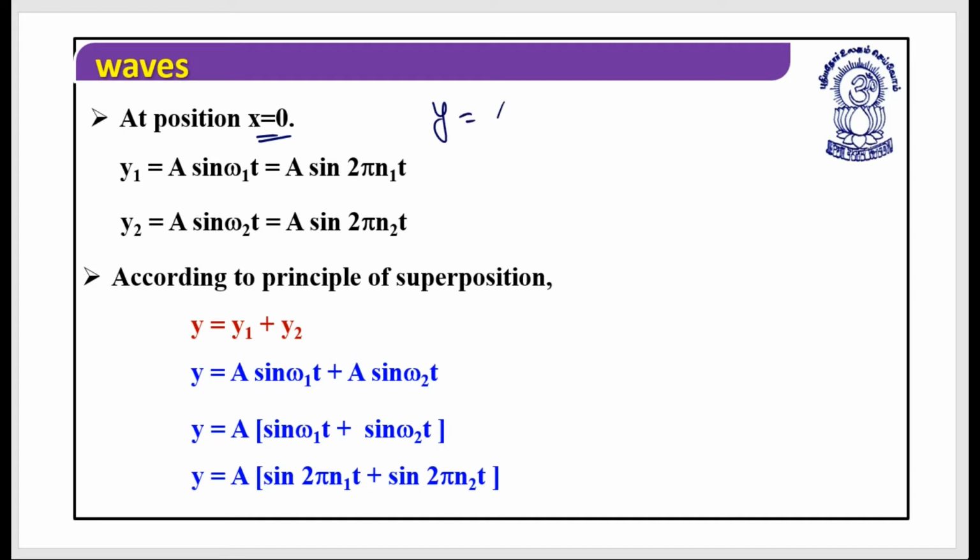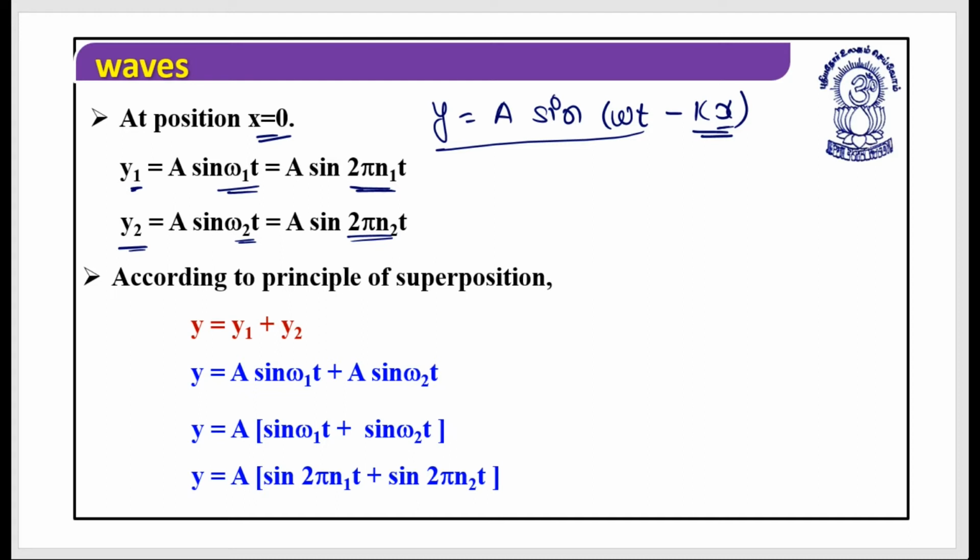Basically, when we described the wave, it was y equals a sin(omega t minus k x), and at position x equals 0, this is y equals a sin omega t. So y1 equals a sin omega1 t, that is, y1 equals a sin 2 pi n1 t. Another one is y2, which equals a sin omega2 t, which equals a sin 2 pi n2 t.